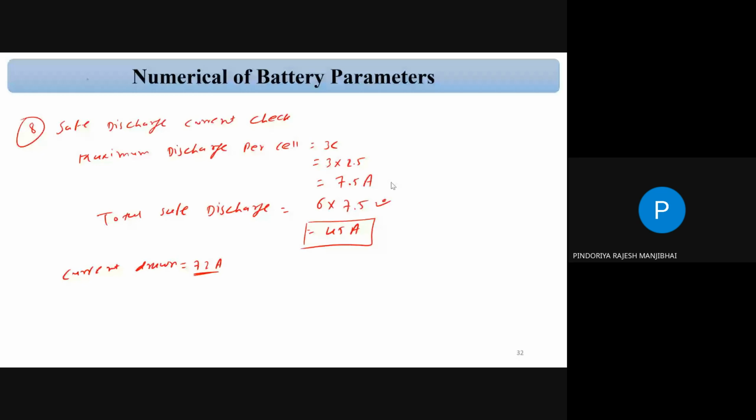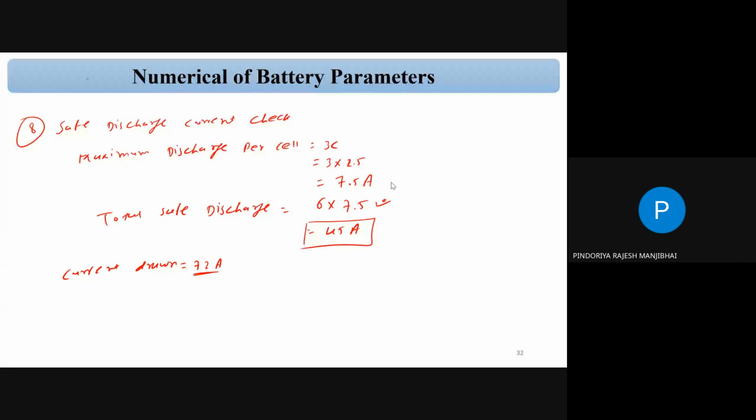Yes, any confusion, any comments? Sir, it is not the safe discharging, sir. It is not safe. Yes, correct.